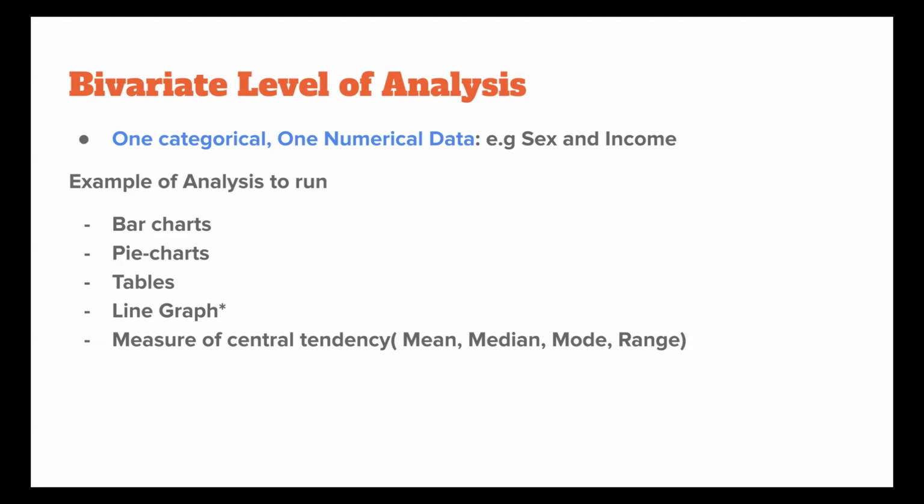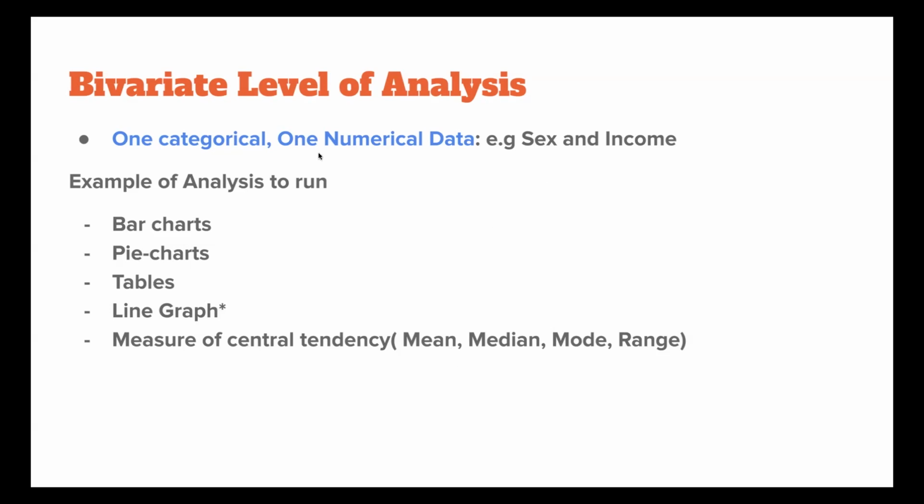From you asking questions, then you start to narrow it down to what kind of visualization can I run. So if you have a numerical variable and a categorical variable, the type of analysis you can run is a bar chart, a pie chart, that depends, table, line graph, measures of central tendencies.